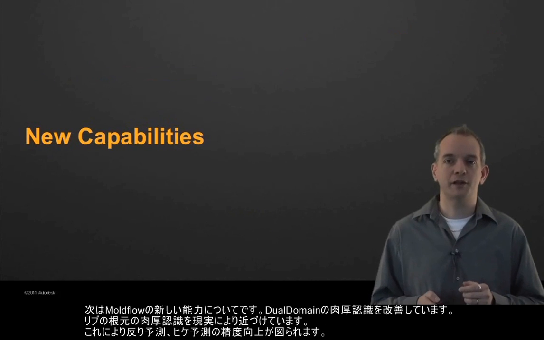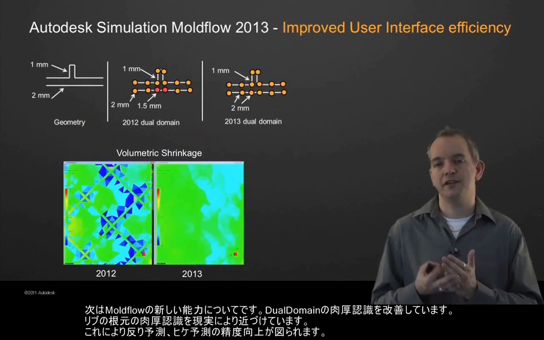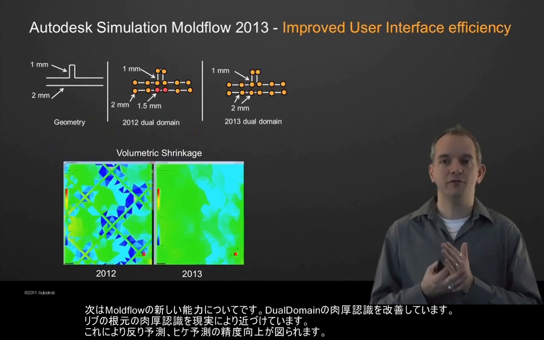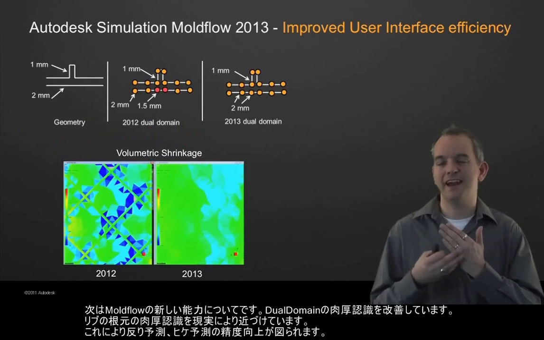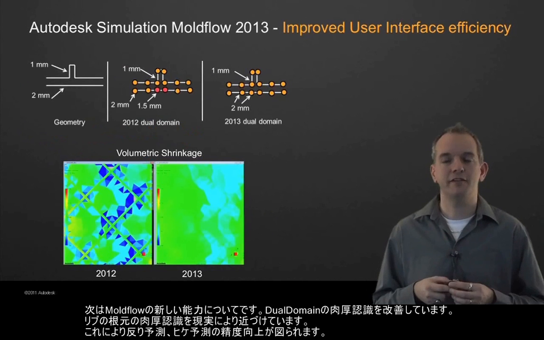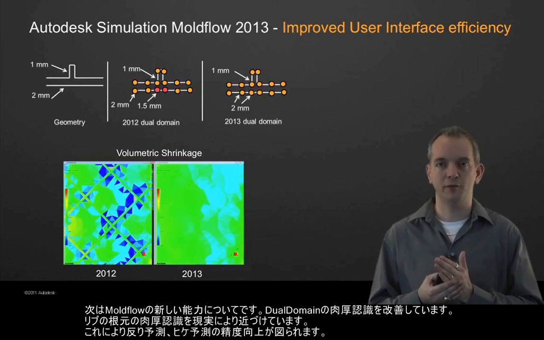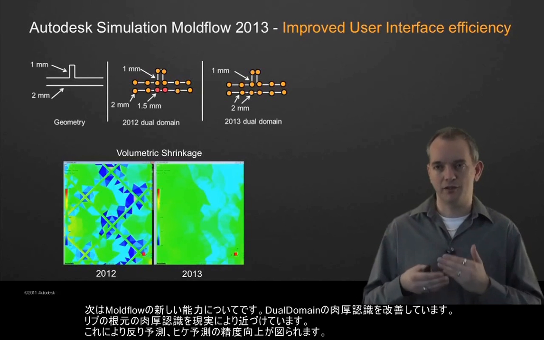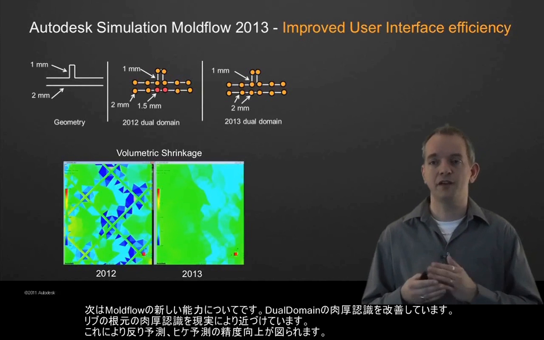We also added some new capabilities to our code. In the 2012 release, the area directly underneath a rib had a bit of an ambiguous thickness estimation. The actual thickness of that particular area is not very clearly defined. So we changed the way we define the thickness directly underneath the rib to be much more closely related to the base surface that you're actually working with.